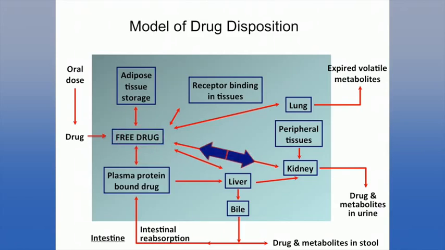And note, these are bidirectional arrows that we're looking at. Drug moving from the liver back into plasma, bidirectional arrow again. Drugs moving from being bound to plasma proteins to being free drugs in plasma, bidirectional arrow.